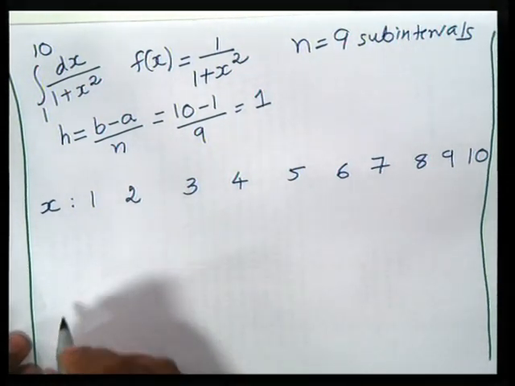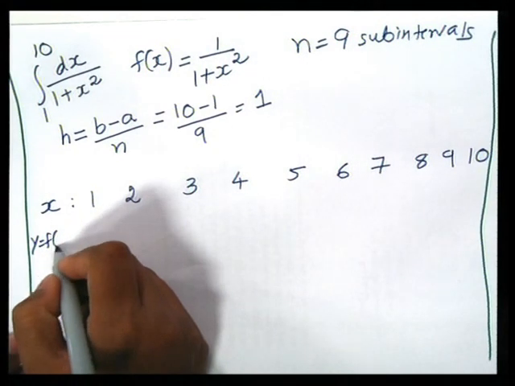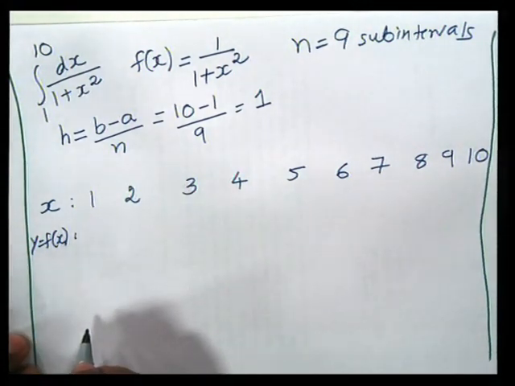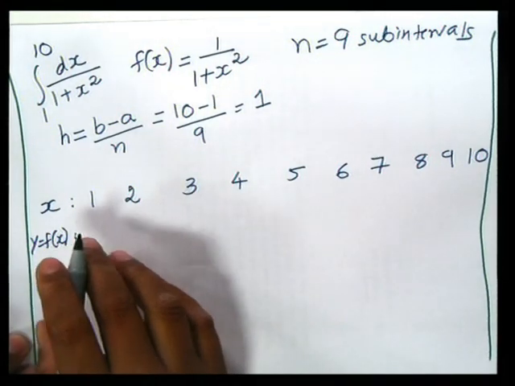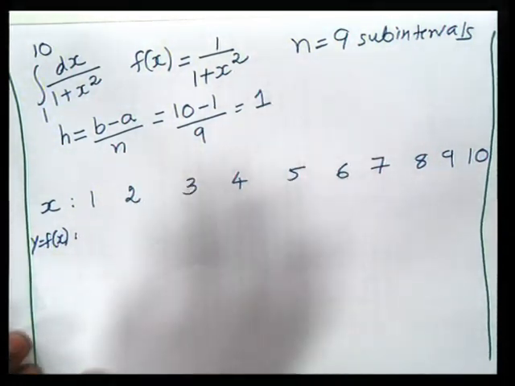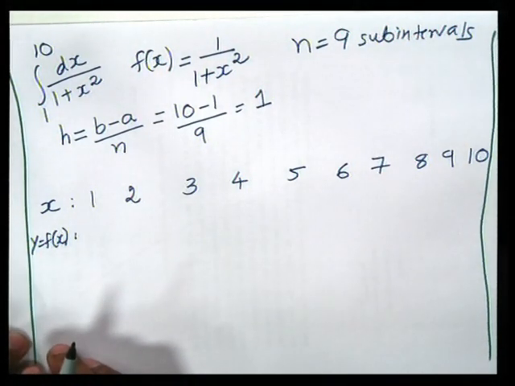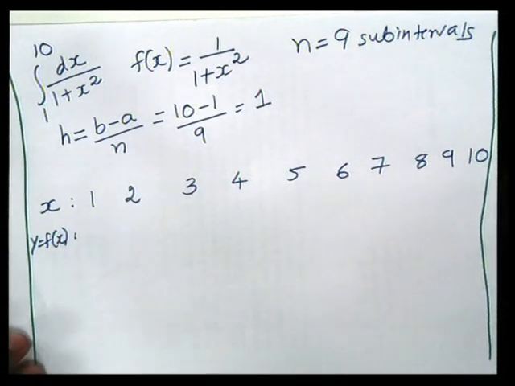Same way as we have done earlier, for tabulating the values of y is equal to f of x, put these values of x one by one into the formula f of x is equal to 1 upon 1 plus x square.